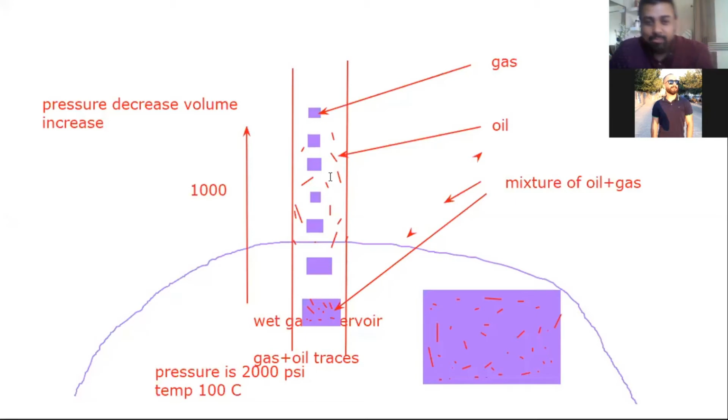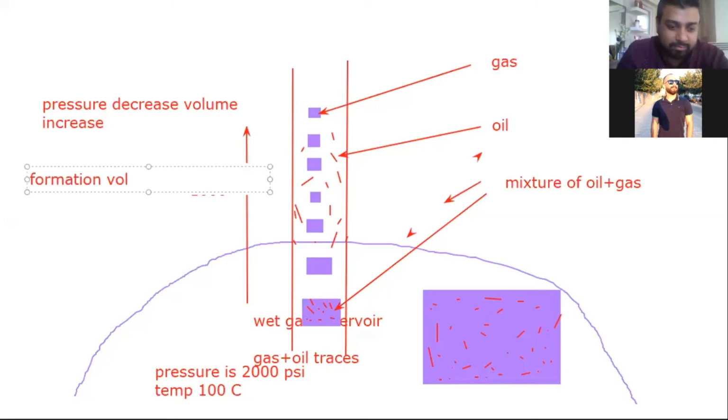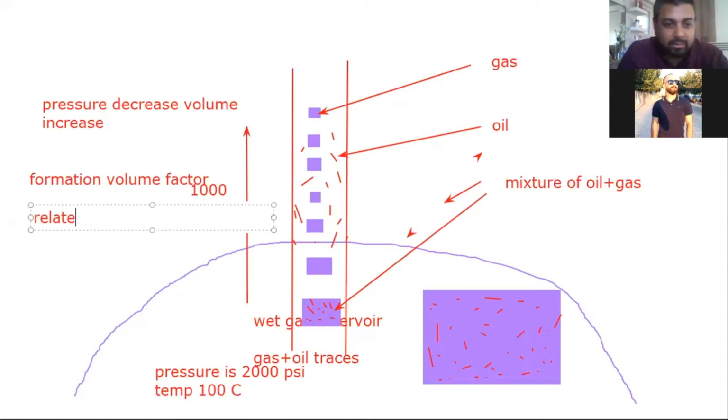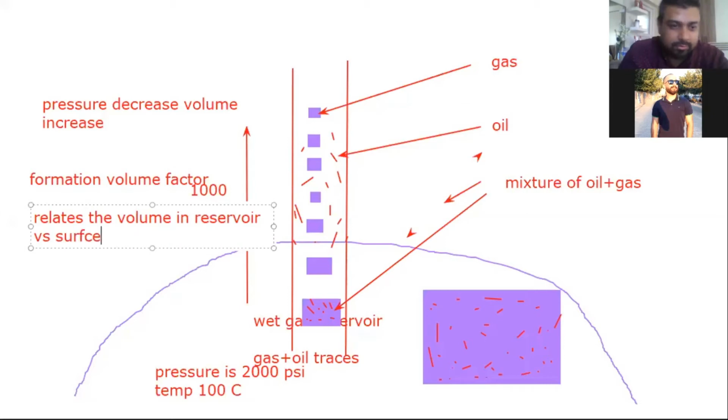Okay, we are discussing the formation volume factor. What the formation volume factor does is relate the volume in the reservoir versus the surface. That's the formation volume factor definition.